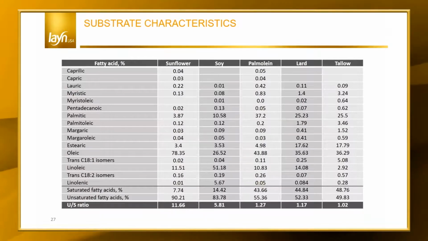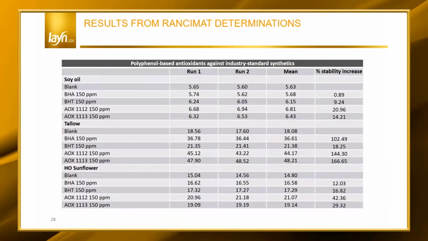This table contains the fatty acid composition of several of the lipids used in our Rancimat experimentation with natural antioxidants. We use sunflower oil, high oleic acid sunflower oil, soy oil, palm oleins, lard, and tallow, from an 11.66 unsaturation index to a 1.02 unsaturation index. So it's a very broad range of lipids to test our antioxidants.